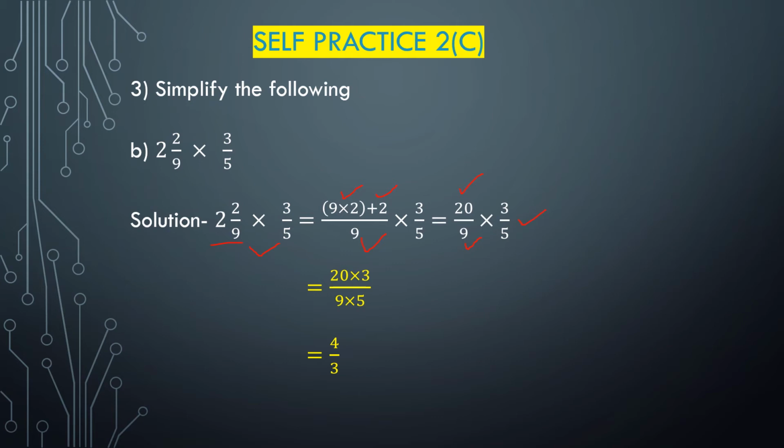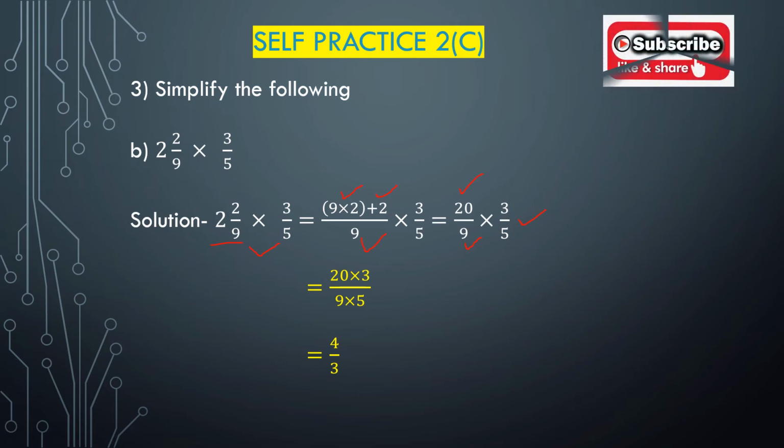So multiplying two fractions, 20/9 multiplied with 3/5 equals the product of numerators divided by the product of denominators. The product of numerators is 20 multiplied with 3 and the product of denominators is 9 multiplied with 5.